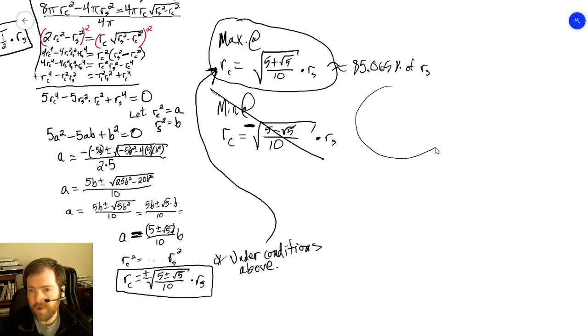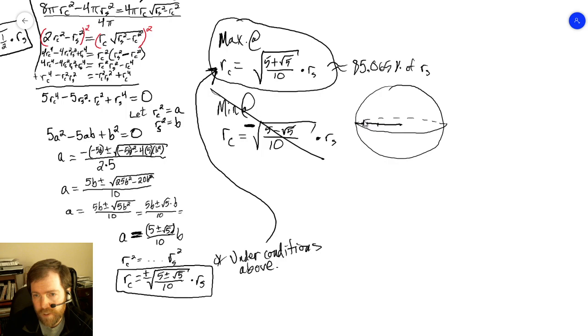So when we have our sphere, let's see, this is half, 3/4, 7/8. So it's like just under this. It's roughly here.